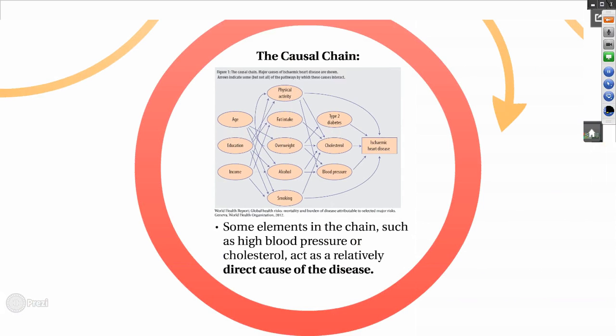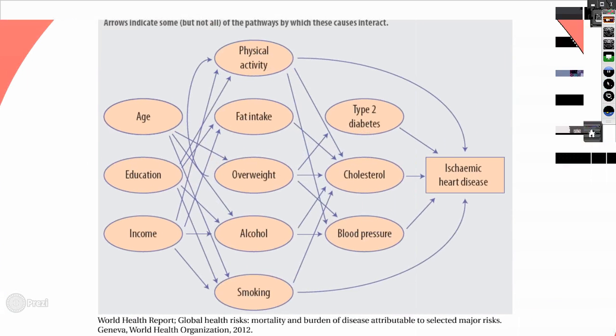So how are these causes related? Are these indirect causes? Are these direct causes? This slide shows something called the causal chain. And what the causal chain basically represents is pathways by which all these causes interact.